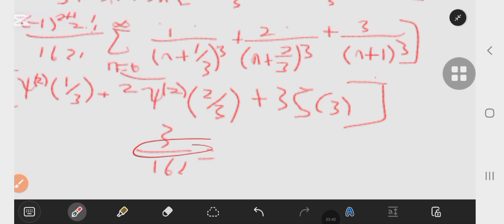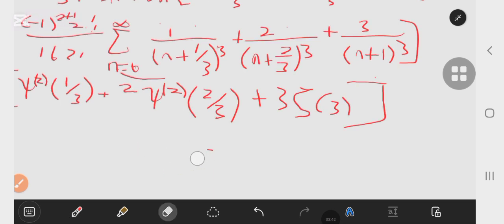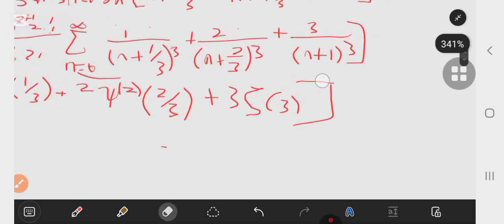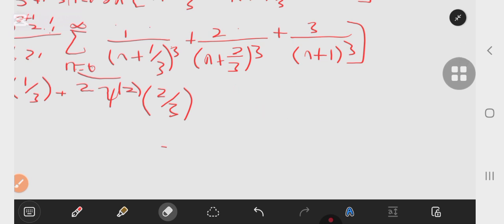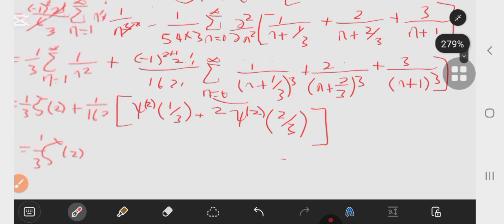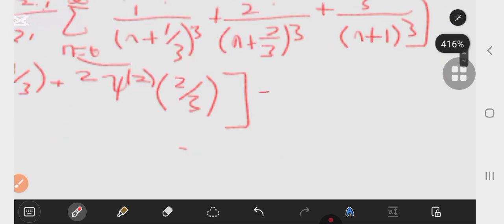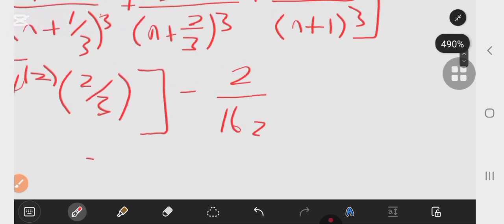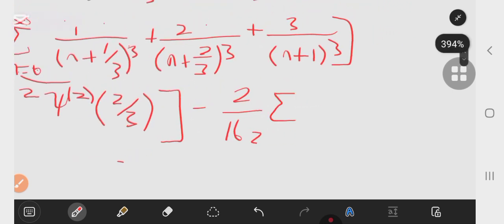So let me go back to what I had before, minus 2/162 times the sum to infinity of n from 0 of 3 over n plus 1.